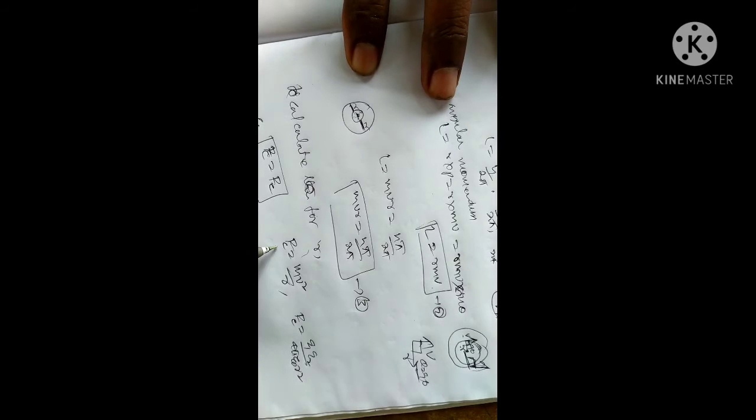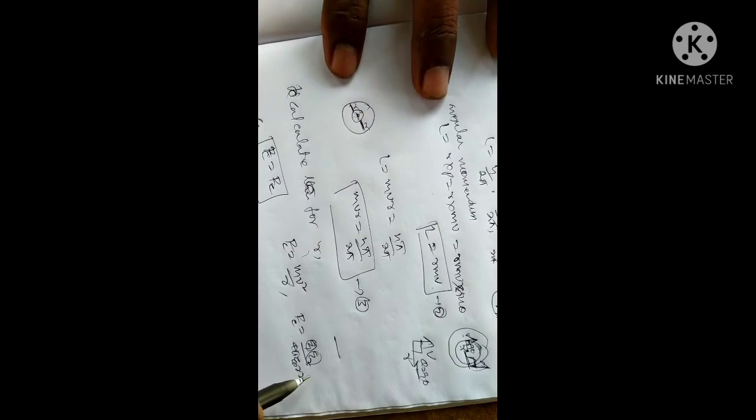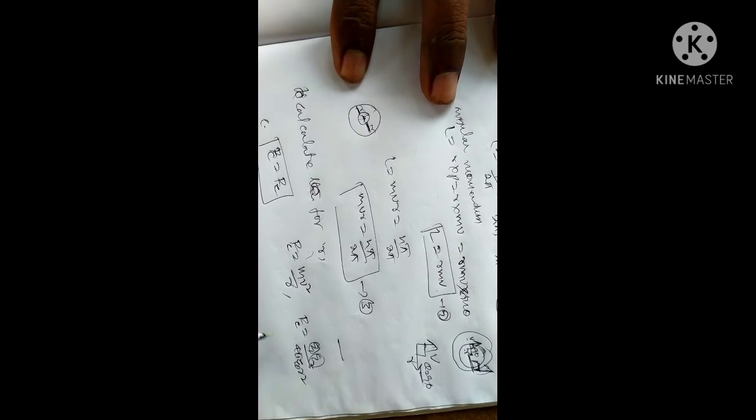This is the electrostatic force between two charge carriers, the nucleus and the electron, or the alpha particle and the nucleus. We set Fc equal to Fe.